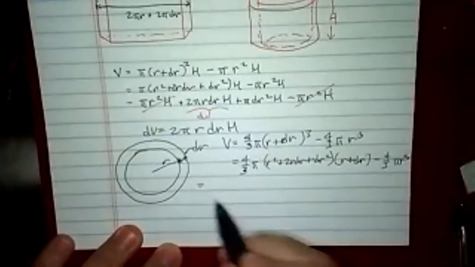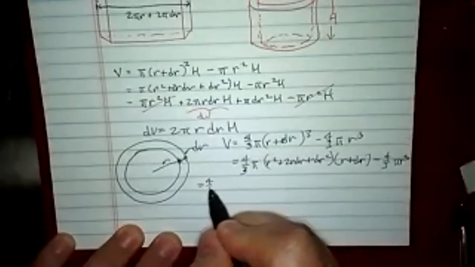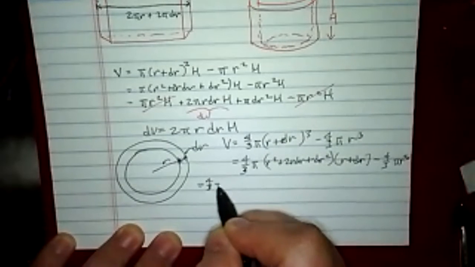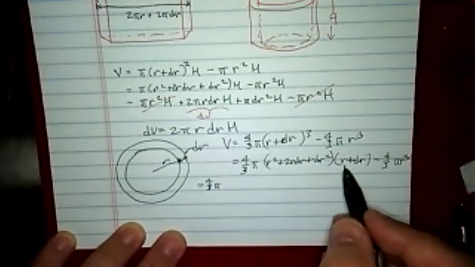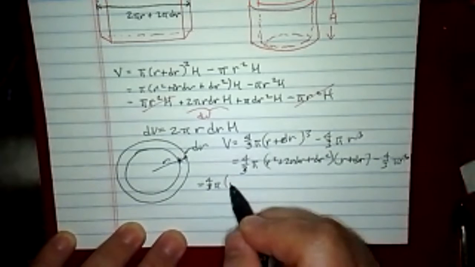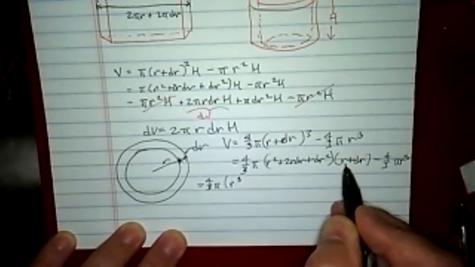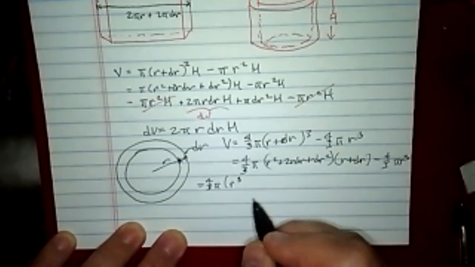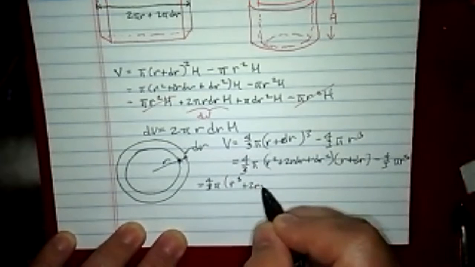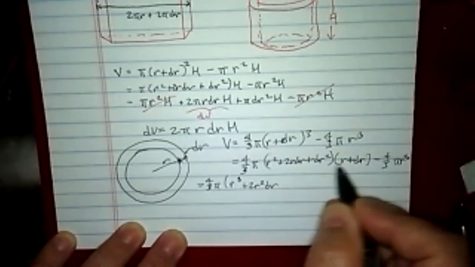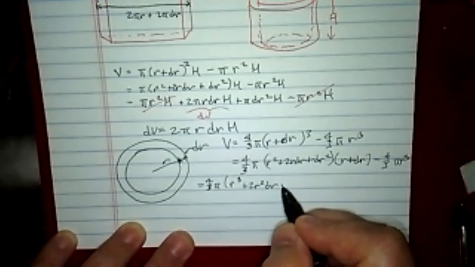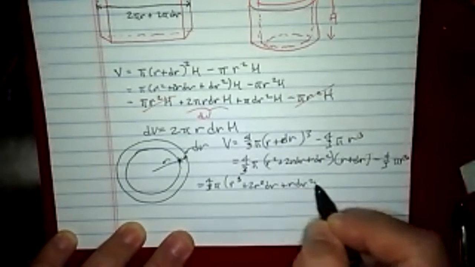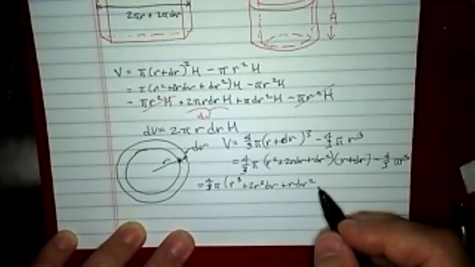Space is getting kind of tight. I'll come over here and let's say 4/3 pi. Now I'm going to distribute this. I'll get r cubed when the r hits the r squared, plus 2r squared dr when the r hits that term, plus r dr squared when the r hits that term.